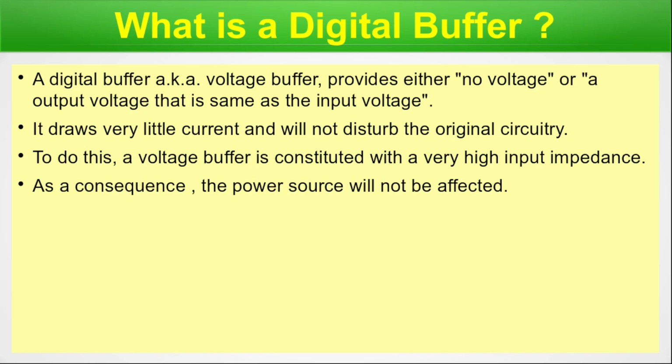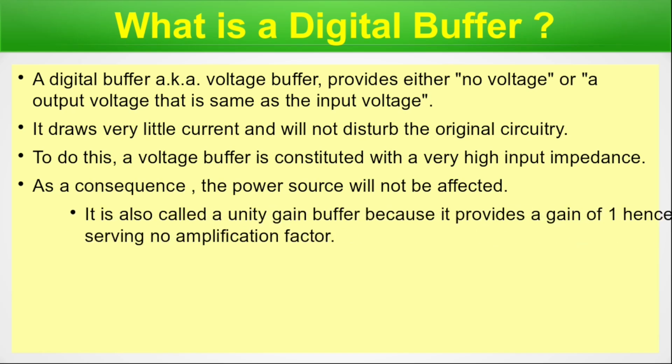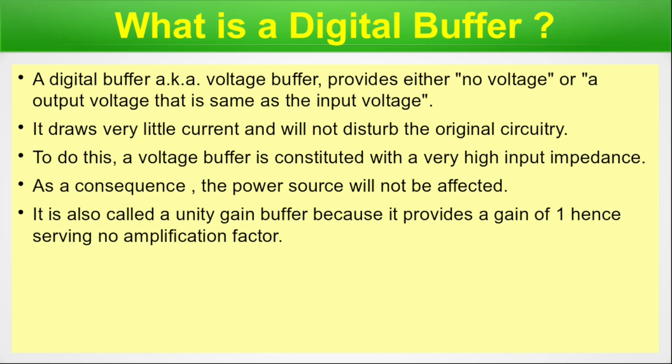That means whenever we are connecting a buffer to a circuitry from where the signal flow is coming inside the buffer, it is less likely to affect that particular circuit's drivability. It is also called a unity gain buffer because it provides a gain of 1, hence serving no amplification factor. That means the input and the output don't have an amplification relation.